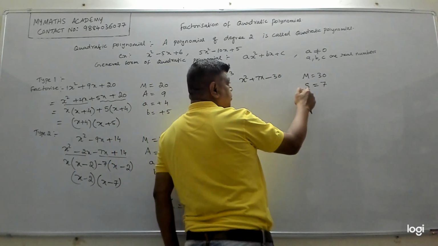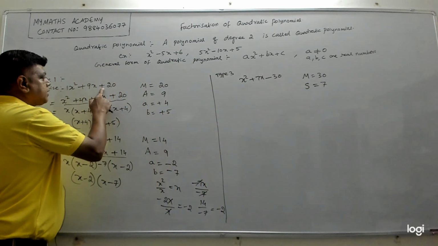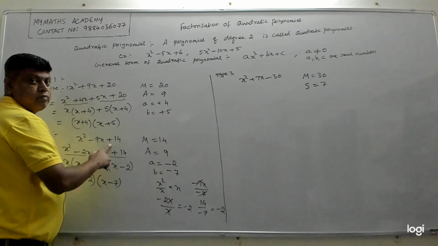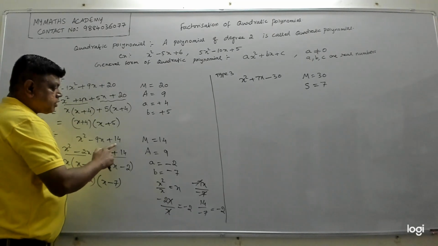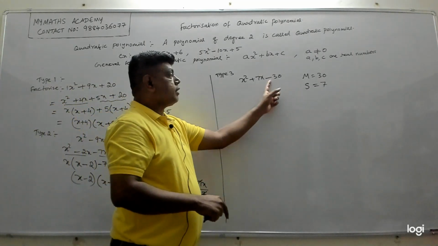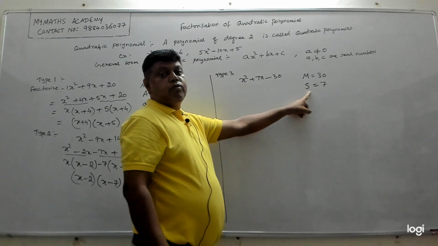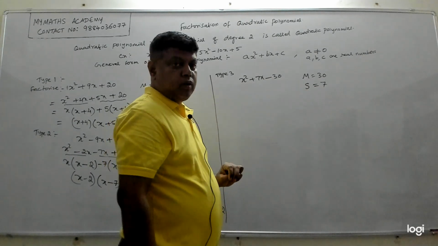How am I saying I should subtract? Here we were saying add because this was plus. The sign of the constant number 14 or 20 were plus, but here what is the sign of 30? Minus. If the number's sign is minus, then it's a subtraction case. When you subtract the two numbers, we should get 7.